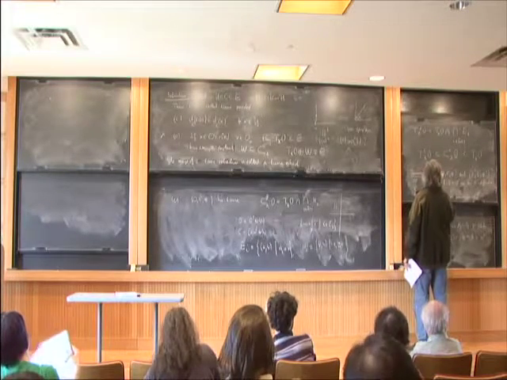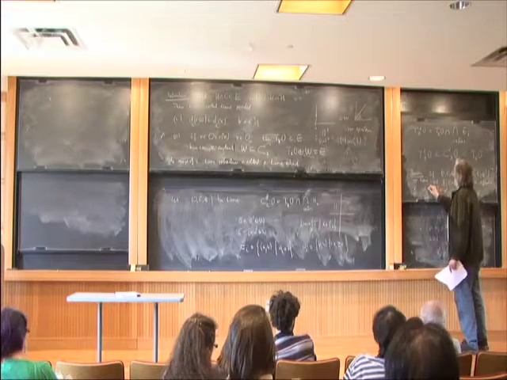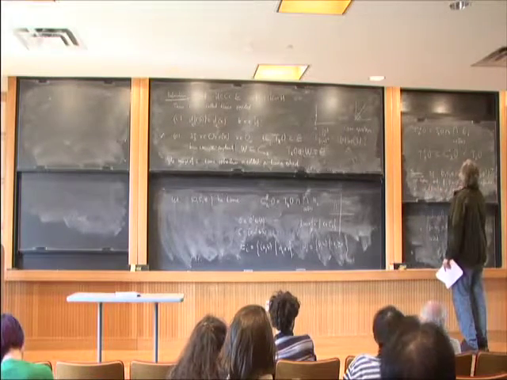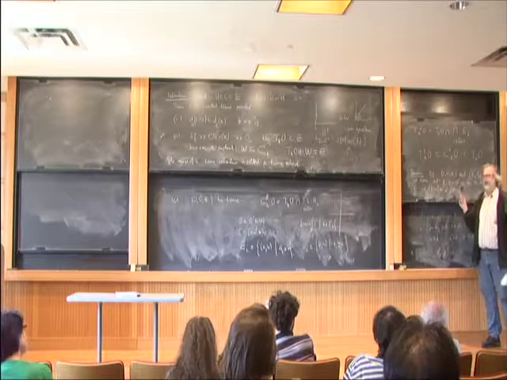D_O of X is D_O' of F of X. So that is this measure of degeneracy, for all X.